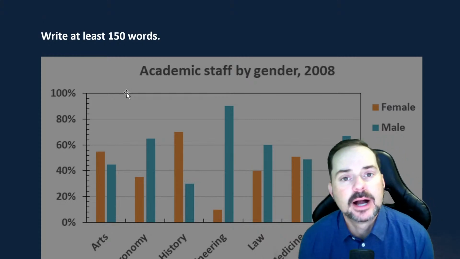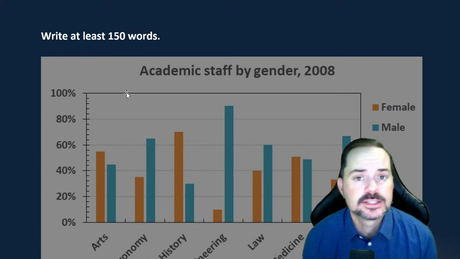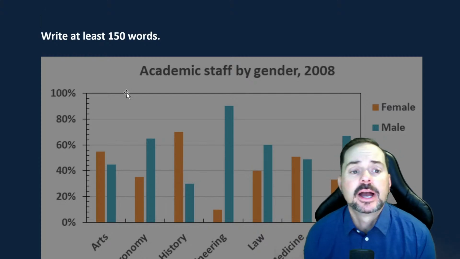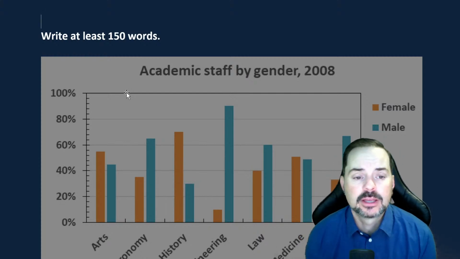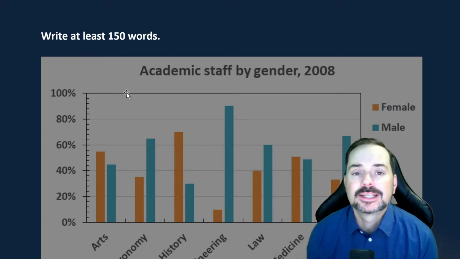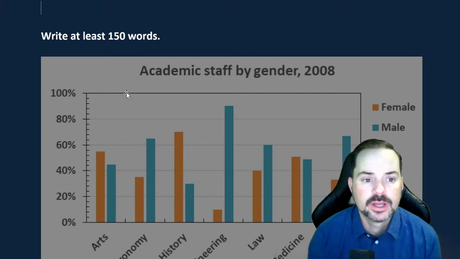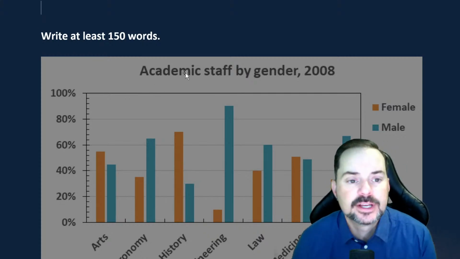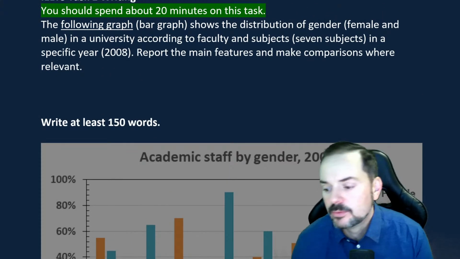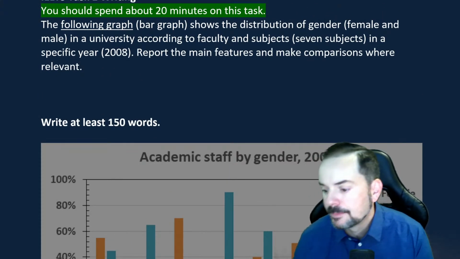To get high bands, to get a band 7, 8, or a 9, I highly recommend working hard and exceeding that minimum of 150 words. It's very hard to write all of the necessary information in exactly 150 words.